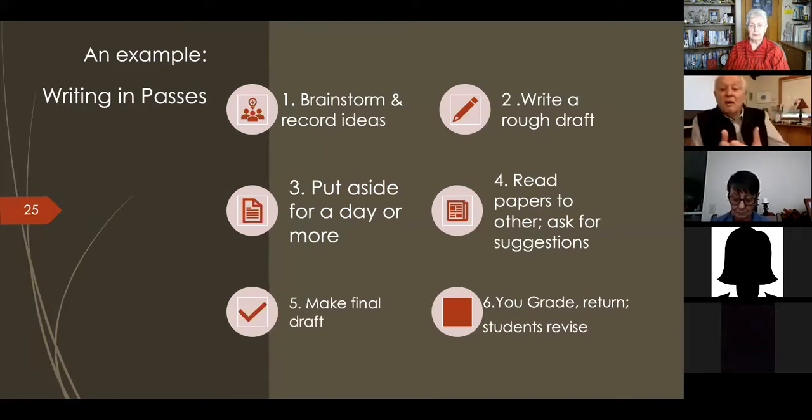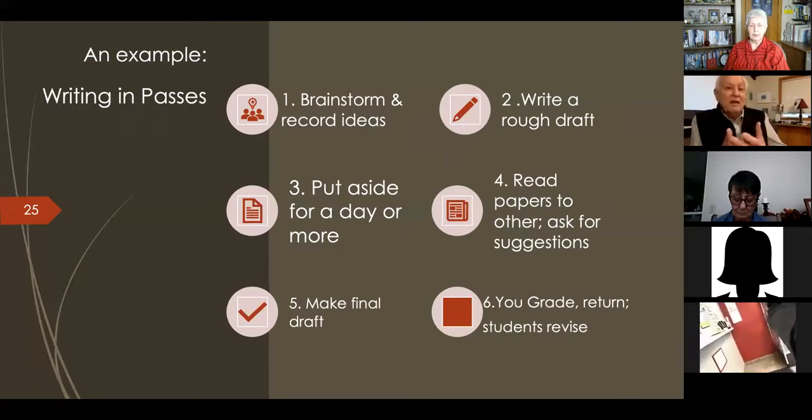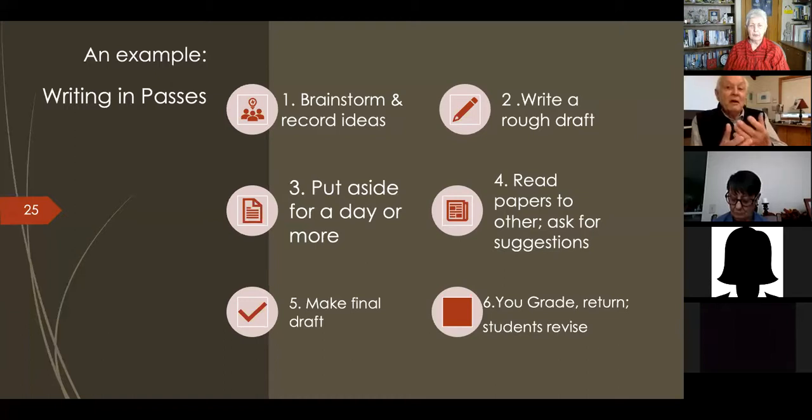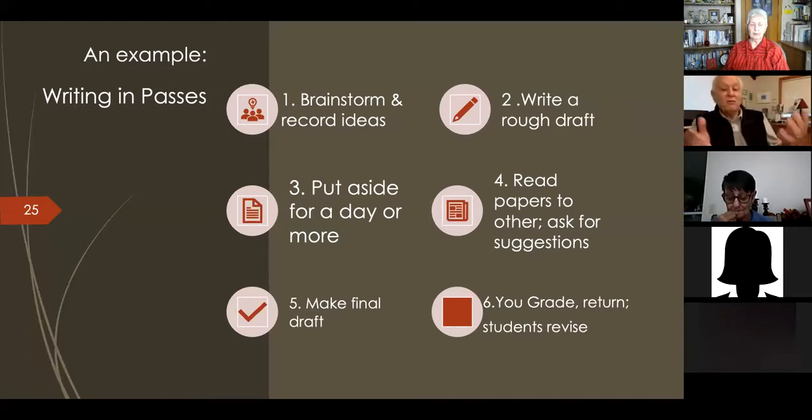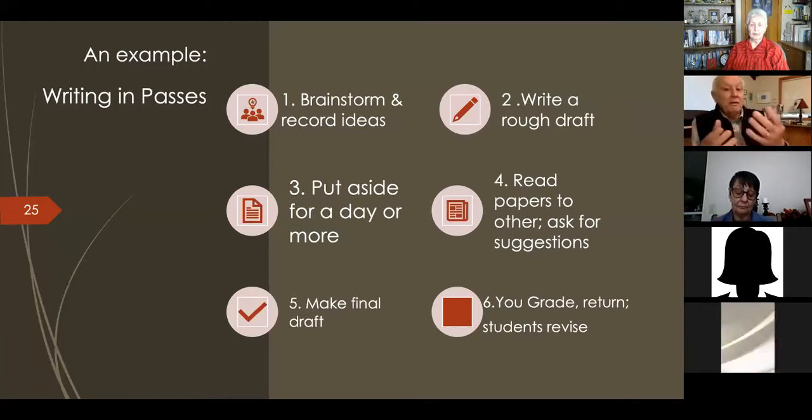So let's just go through this a little bit. The basic thing is, you don't say, okay, everybody take out a piece of paper and write a page on whatever it is, or write a story on such and such, because some of them will do it. Probably you could have done it when you were a third grader, a fifth grader, a high school student, but lots will not.